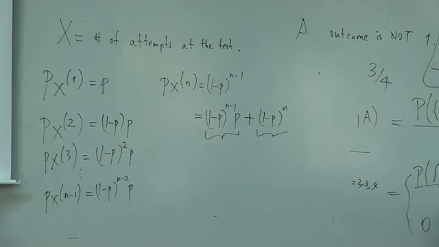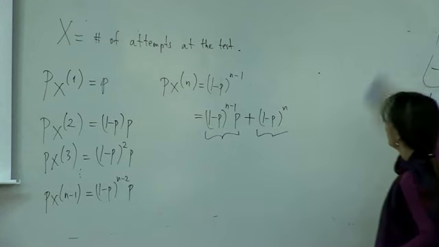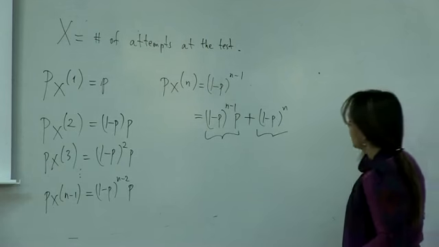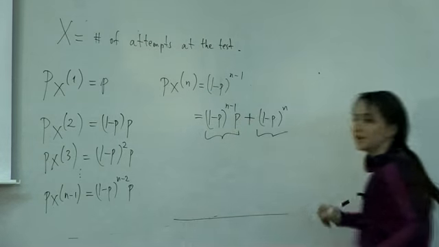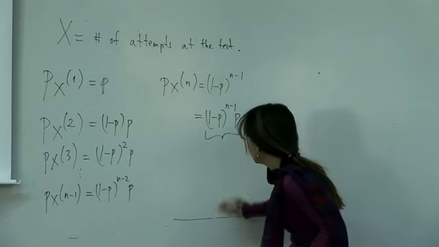Okay, we found the PMF of the number of attempts in general. Now, let's find the PMF of the number of attempts given that he passes. By the way, let's plot this. It's always nice to try to plot a PMF when you've computed it.